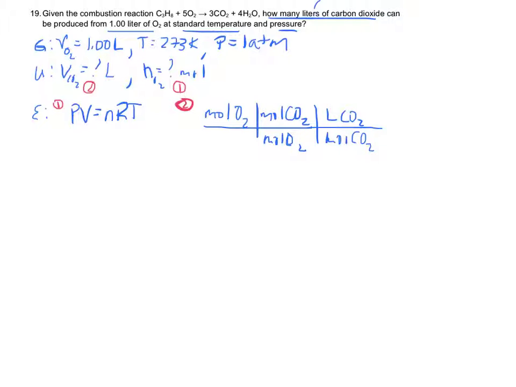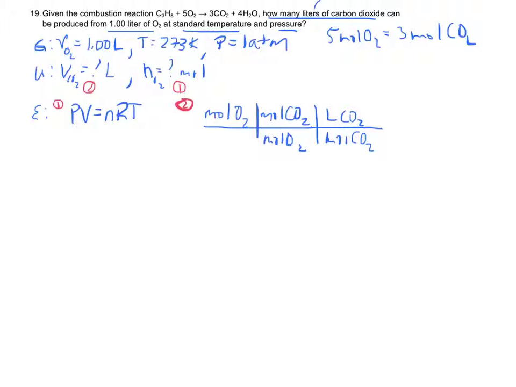Okay, so we need two equivalent statements. The mole-to-mole ratio, remember, comes from our balanced chemical equation. So if we look up here at our balanced chemical equation, carbon dioxide is 3 moles for every 5 moles of oxygen. So we know that we have 5 moles of oxygen for every 3 moles of carbon dioxide.